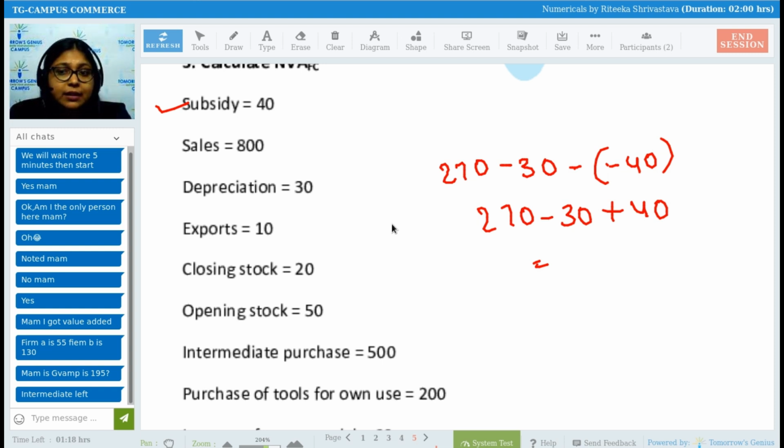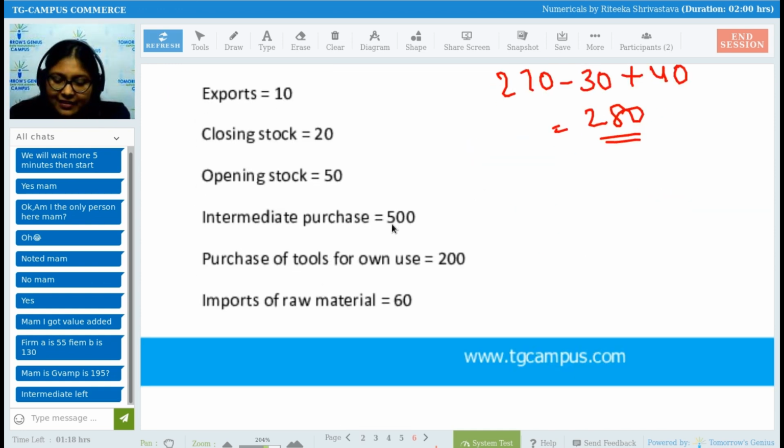Calculate properly. 270 minus 30 is how much, and then add 40. 240? How come 240? 270 minus 30 is how much? Oh, 240, and then add 40, so 280.